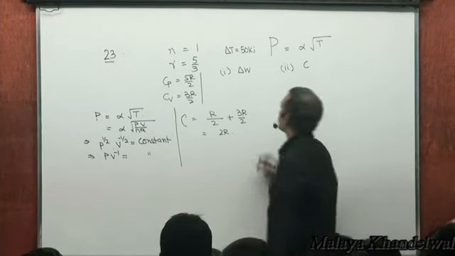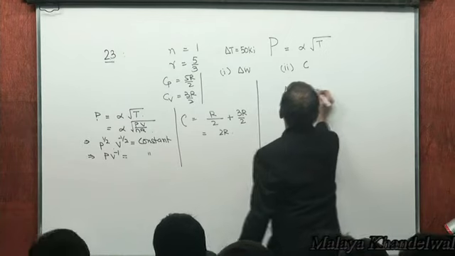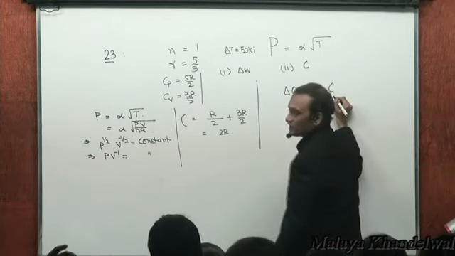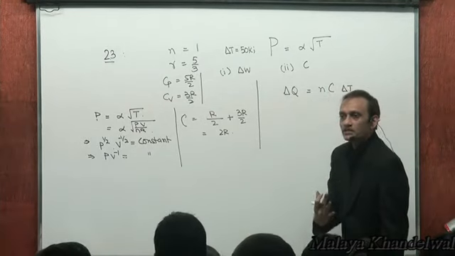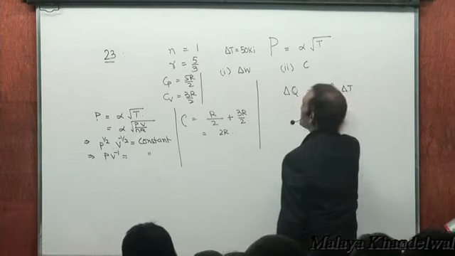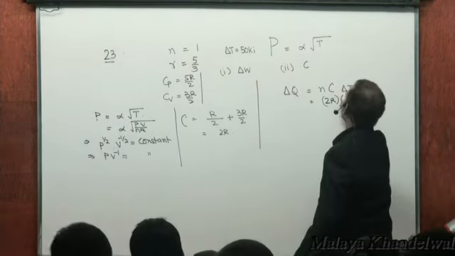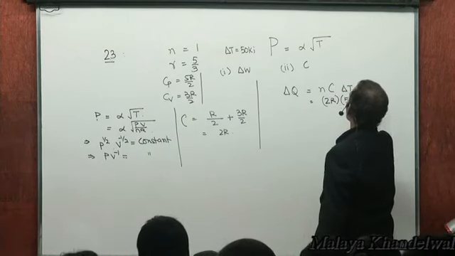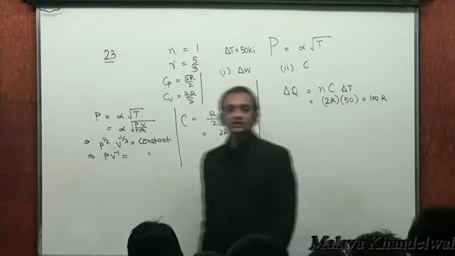Now, what's the heat supplied in the process? n into molar specific heat for the process into change of temperature. n is 1, C is 2R as we computed, delta T is given to be 50 Kelvin. So that makes it 100 R joules. 100 R joules is the heat supplied.